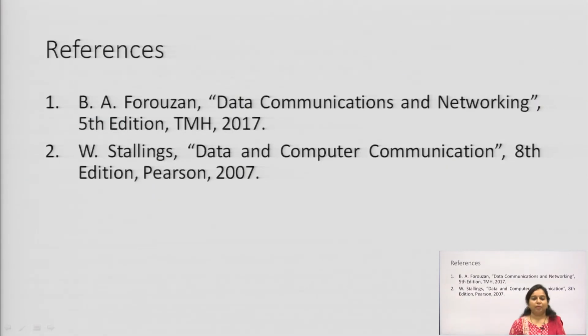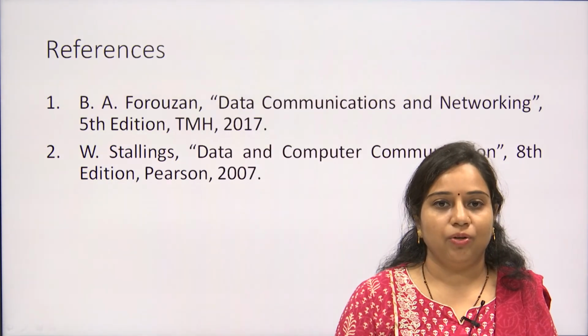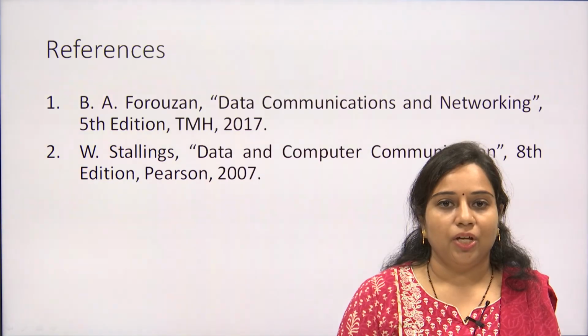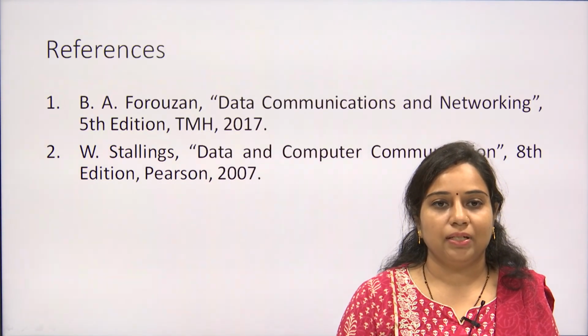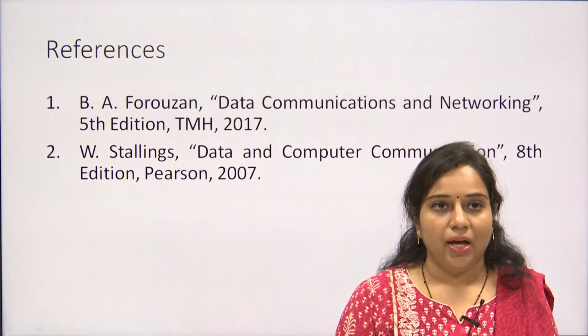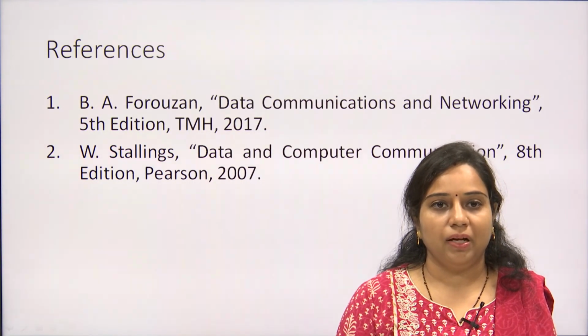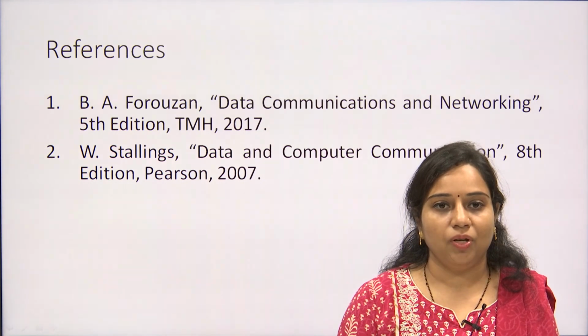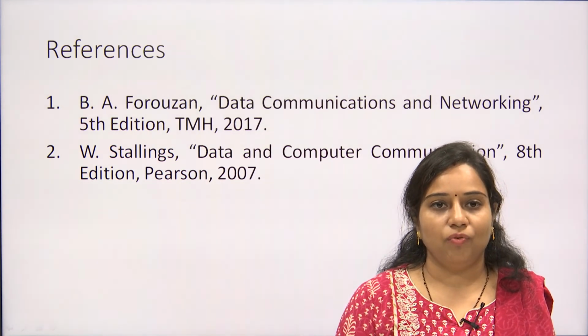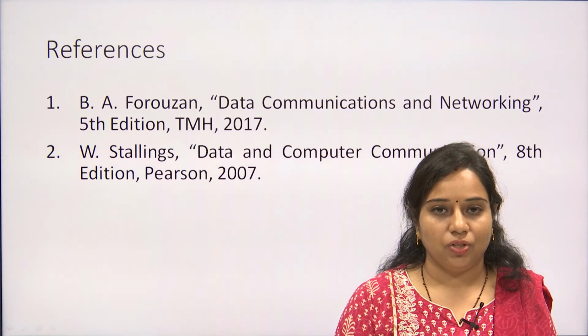So, this is all about the line coding that we have seen. Different types of line coding I have used, that is unipolar, bipolar signaling and polar signaling. In case of unipolar signaling, only a single voltage will be considered, either plus V or minus V, and for 0 it will be 0 voltage.